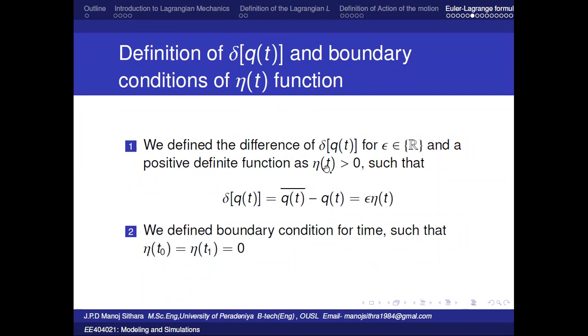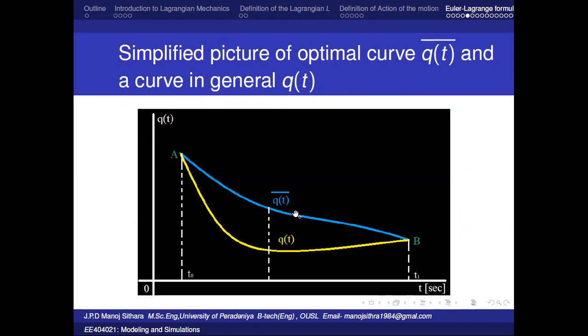Positive definite function means for all values of t, eta is positive, and epsilon can be anything, negative or positive. So we define these small functional differences as the difference between our optimal path and general path.